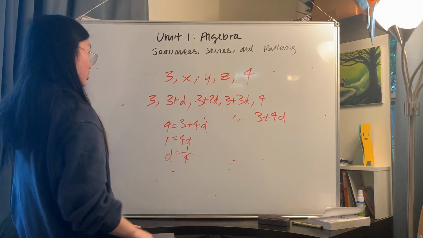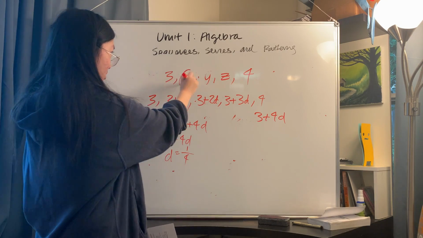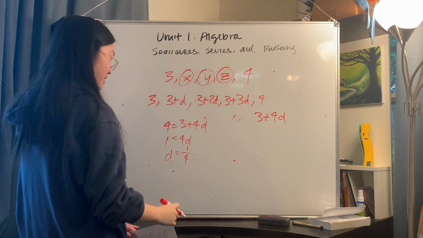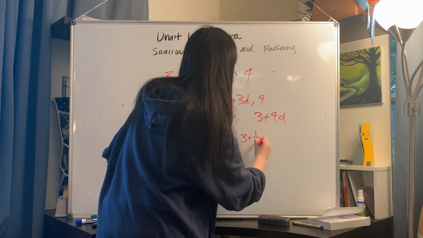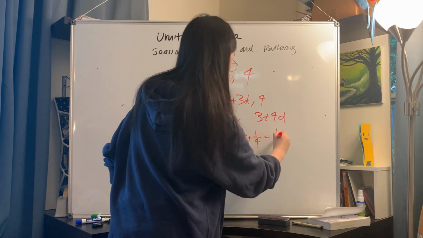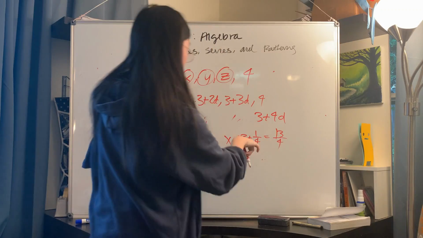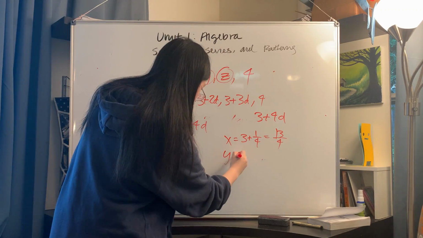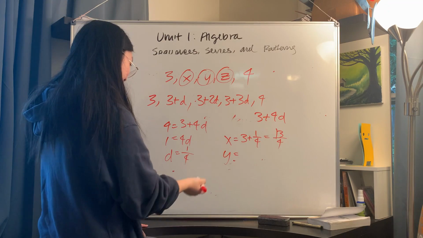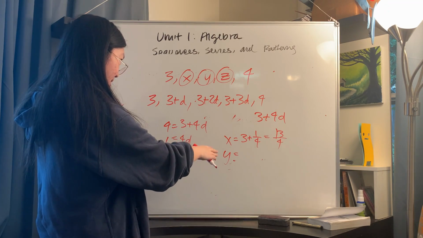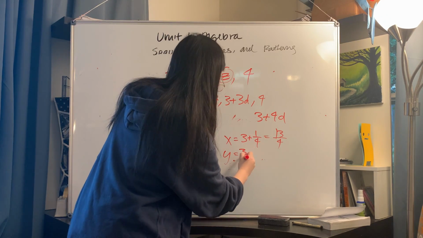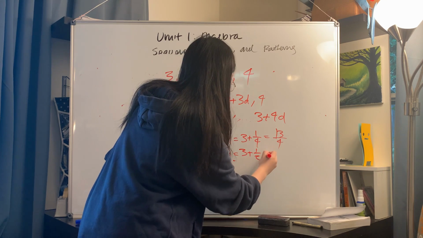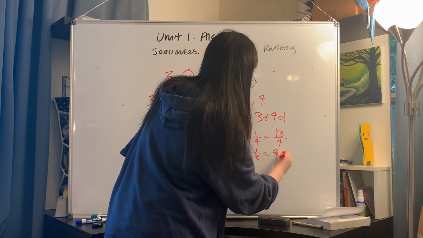So if we know that d is equal to 1/4, we can figure out what x, y, and z equal. X is equal to 3 plus 1/4, and that is equal to 13/4. Y is equal to 3 plus 2d, 3 plus 1/2, and that's equal to 7/2.